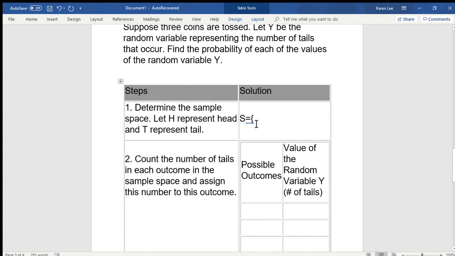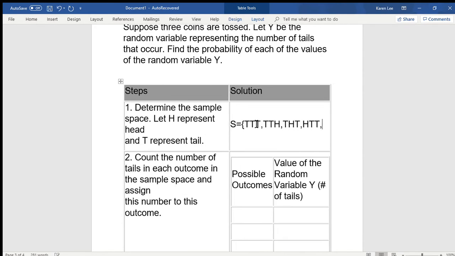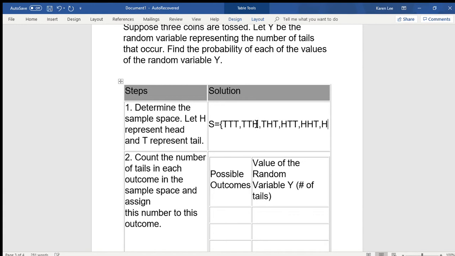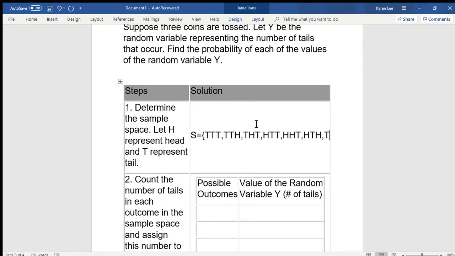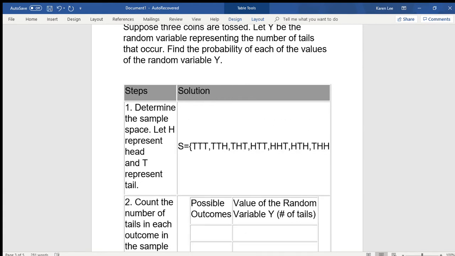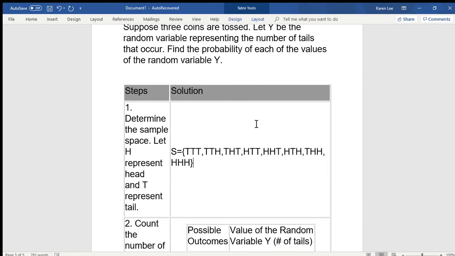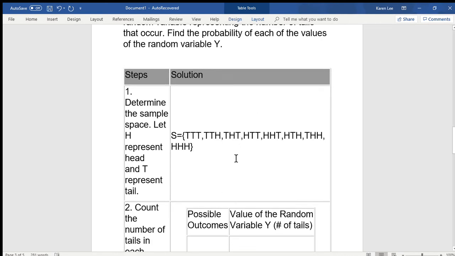We have tail, tail, tail; tail, tail, head; tail, head, tail; head, tail, tail; head, head, tail; head, tail, head; tail, head, head; and head, head, head. So that will be your sample space.